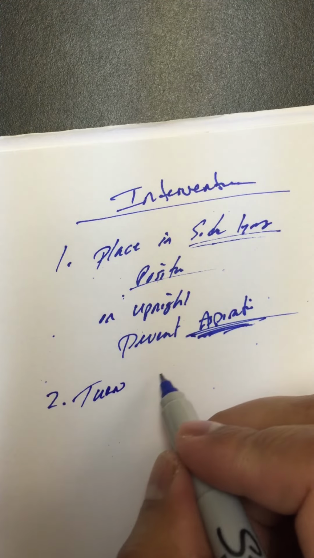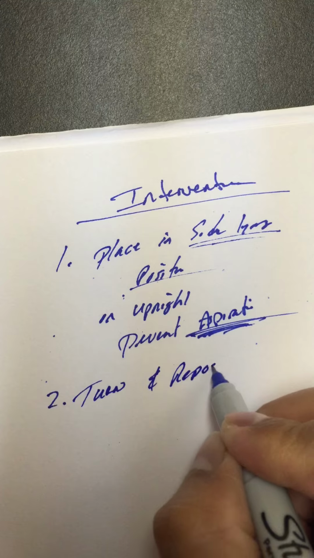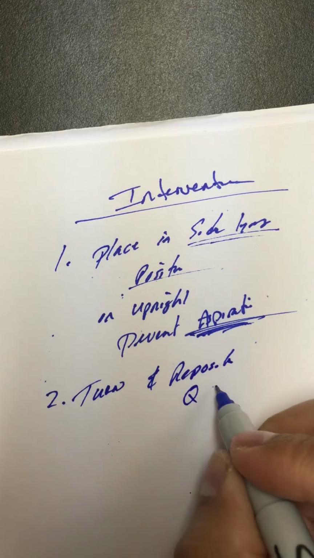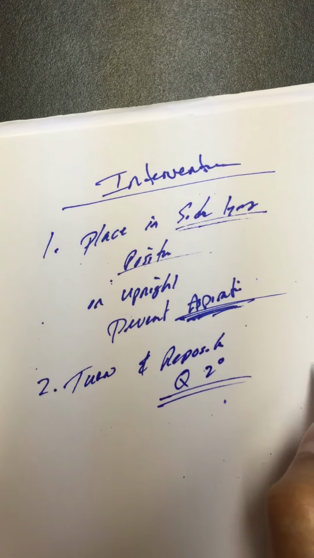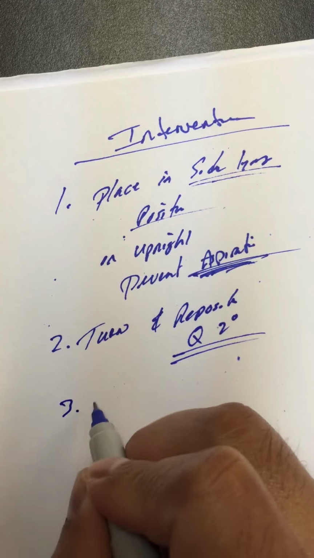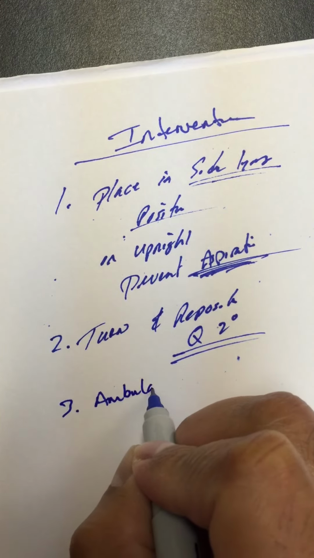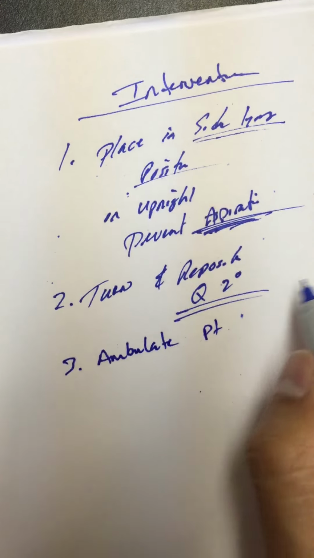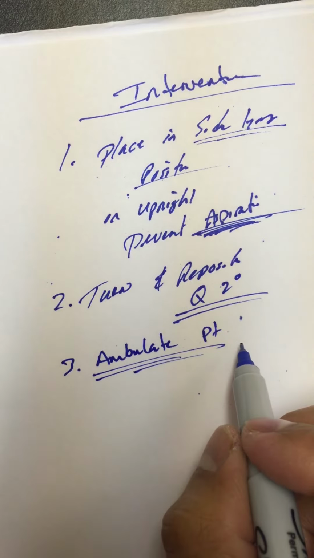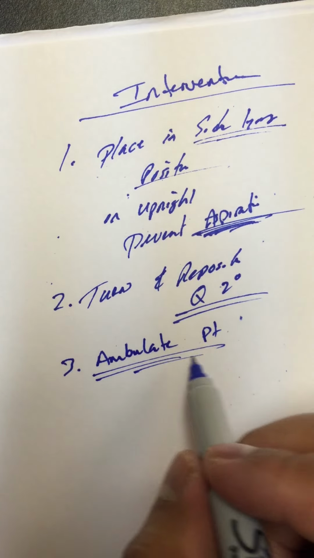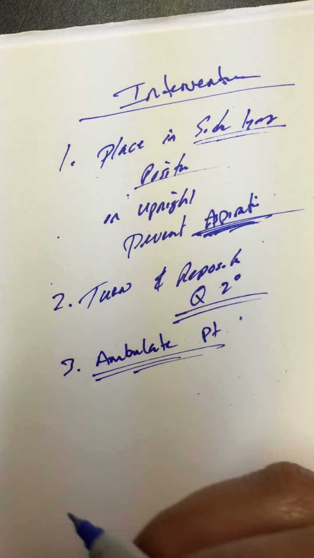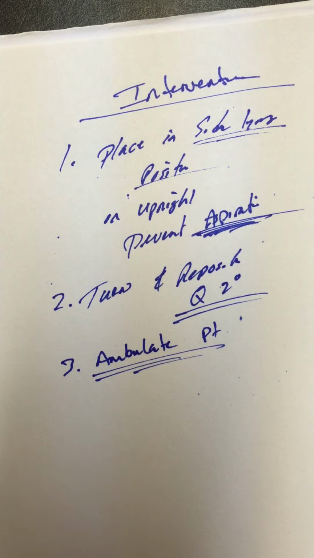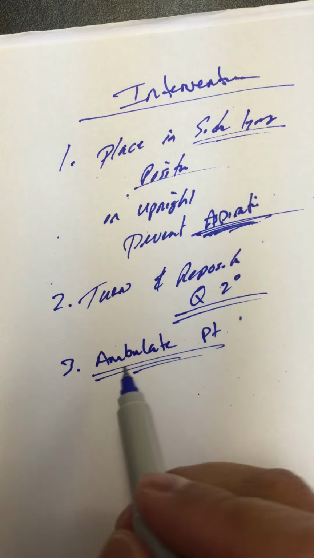You will turn and reposition your patient every 2 hours at minimum. You will ambulate your patient. And this is very, very important if it's a patient that is post-op. You want to get them moving. You want to get them breathing hard. You want to get them to take deep breaths in. So ambulating is going to help.